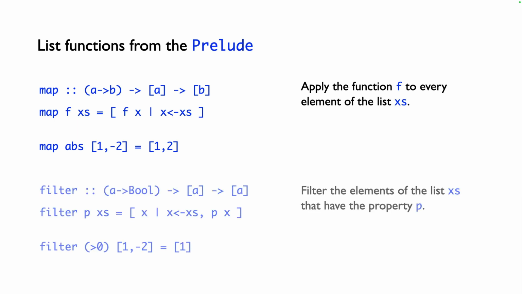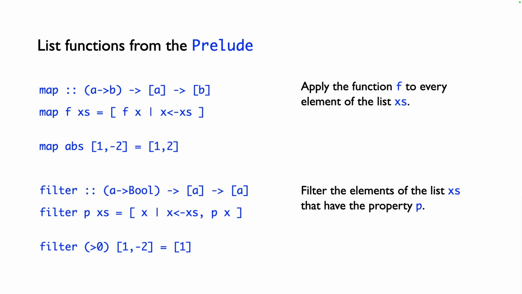Going hand in hand with map is the function filter, and that takes, again, two arguments. One is a function from A to booleans, and you can think of that as a property. Why is it a property? Well, if I give you an element of type A and you apply that function to it, you'll either get the answer true or the answer false.